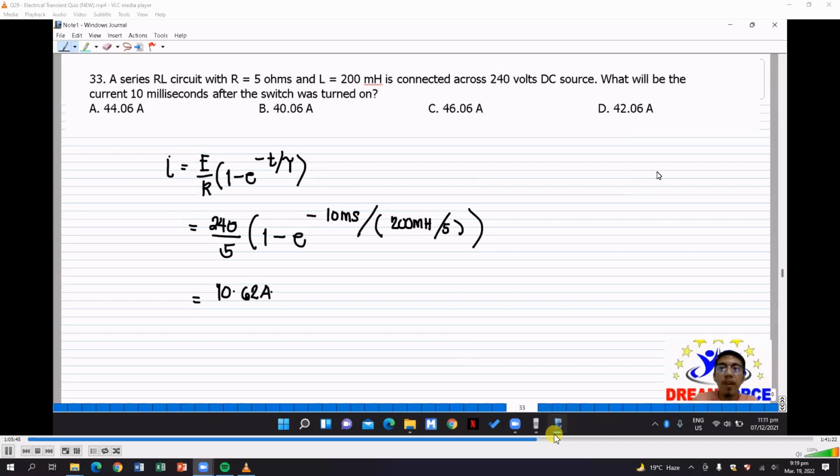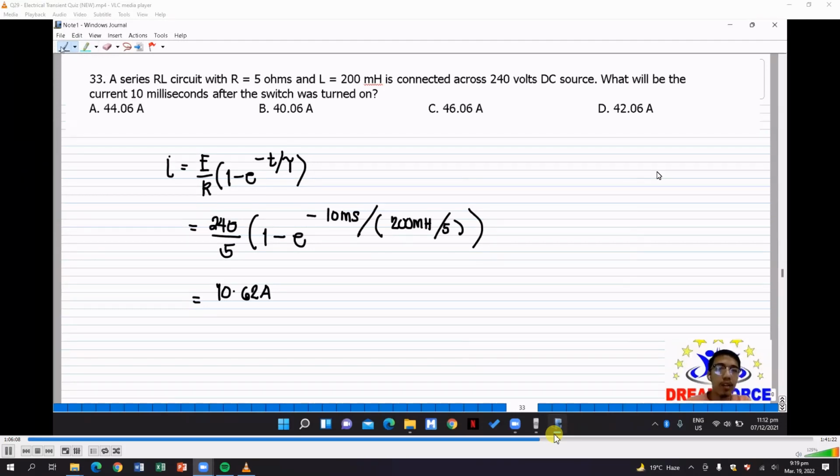10.62. Wala tayong 10.62 amperes. So kung titignan yung choices, mukhang magkakamukha naman silang lahat. 4406, 4006, 4606, 4206. Ibig sabihin, ang mali is nasa given. No, maghanap tayo ng pwedeng i-doktor dyan.